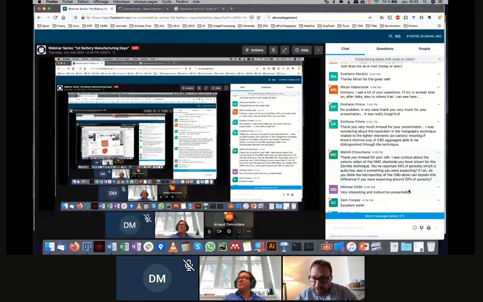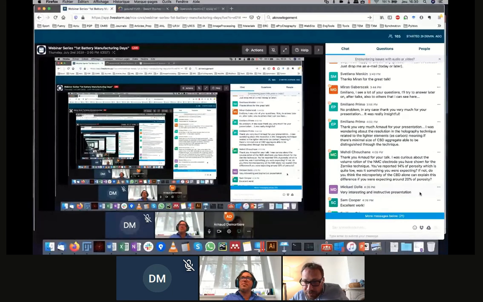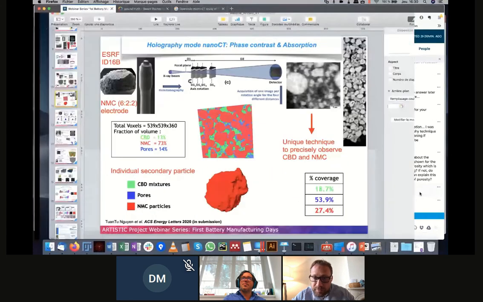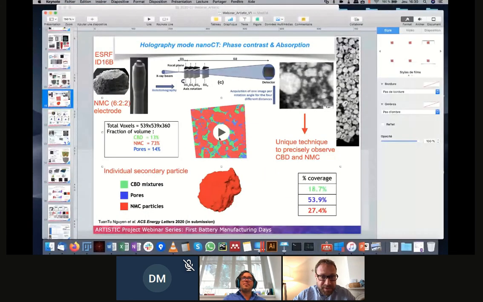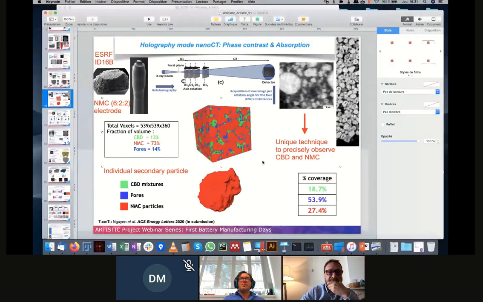I was curious about the volume ratio of the NMC electrode you have shown for the Zernike technique. You report 15% of porosity, which is quite low. Yes, for this one, we report 15% in terms of porosity.